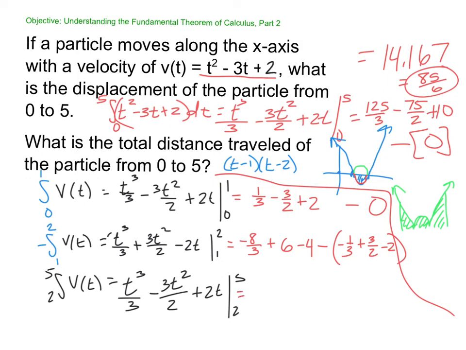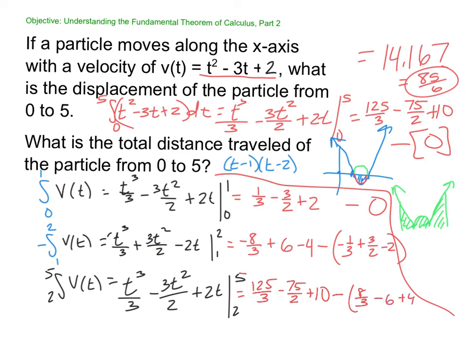And then this one, the 5 again, so that's 125 over 3 minus 75 over 2 plus 10 minus, now we're plugging in 2 again, so that's your 8/3 minus 6 plus 4.